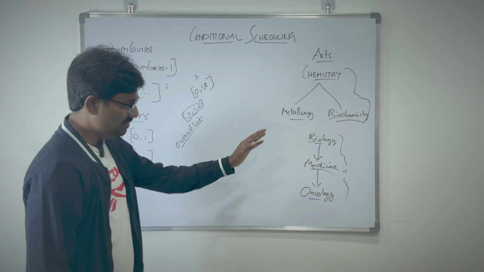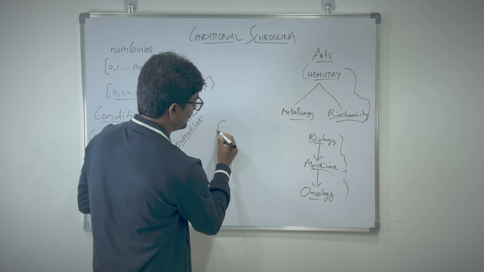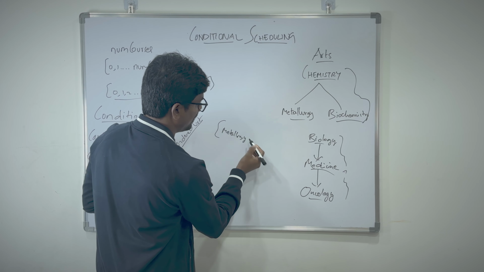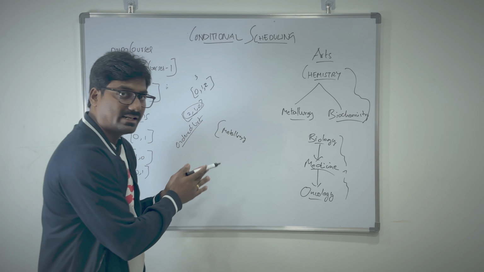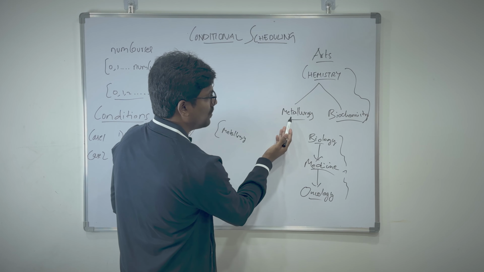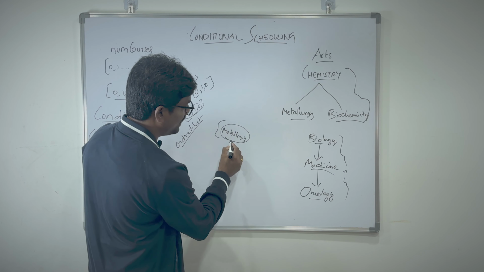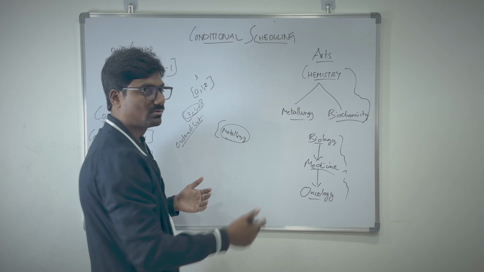From this case, if I just write the beginning course as metallurgy, there is one path which is leading from here. If you want to learn metallurgy, you have to first learn chemistry, right? So when you write metallurgy, you've already reached metallurgy, so you cannot go back to chemistry.